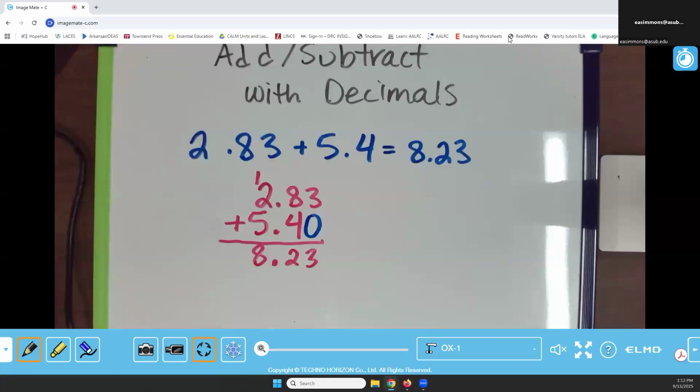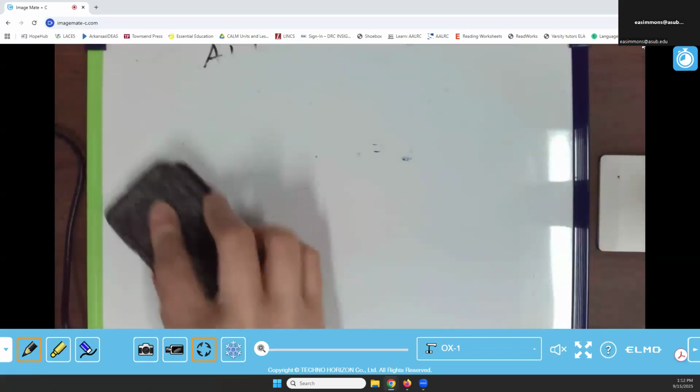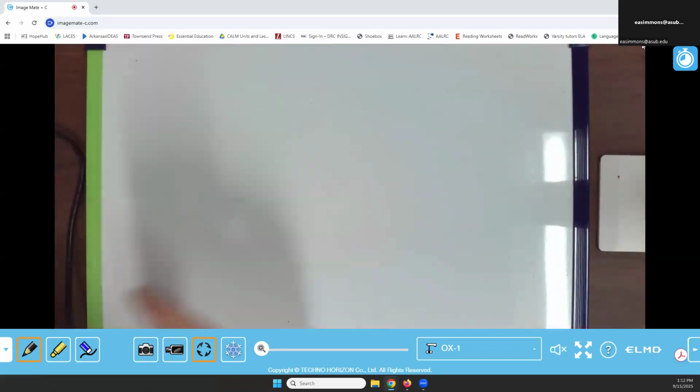For subtracting with decimals, we do the same thing as when we add with decimals. We need to make sure we line up our decimal points.